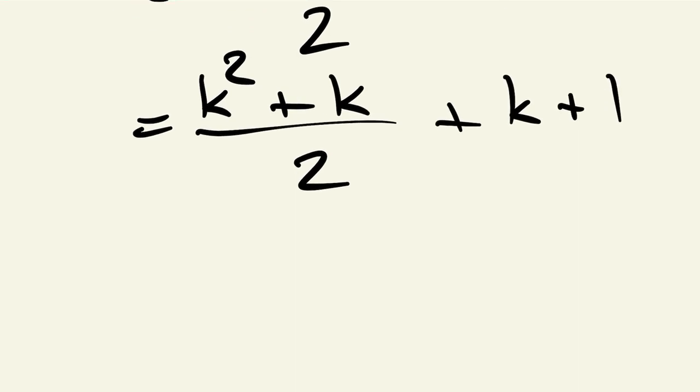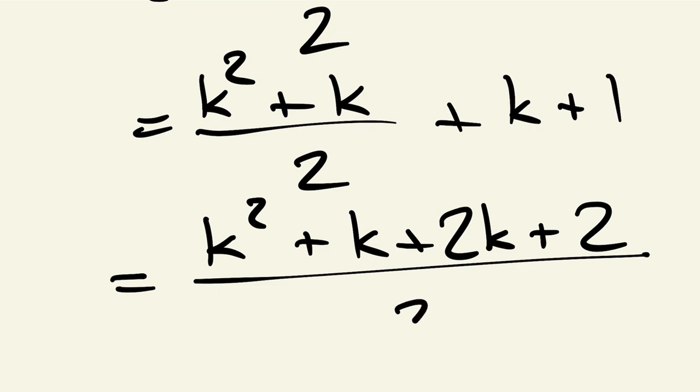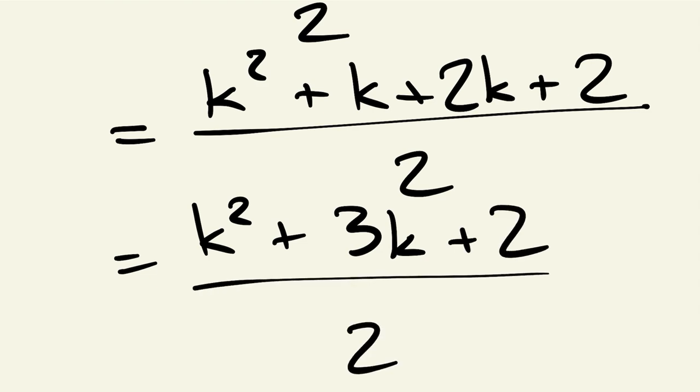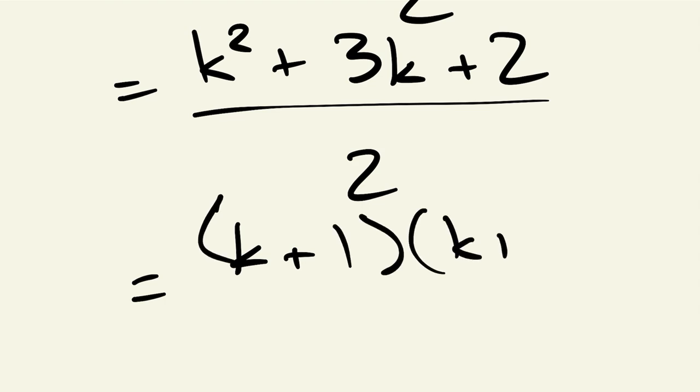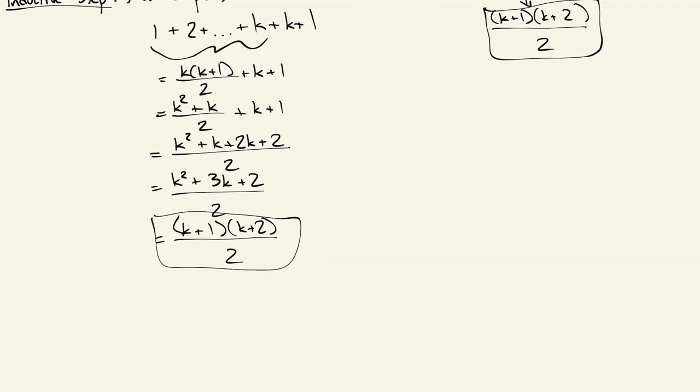And then we want to get that over the 2 as well. So we can multiply both of those by 2 and get k squared plus k plus 2k plus 2 over 2, which further simplifies to k squared plus 3k plus 2 over 2. And you can factor that and get k plus 1 times k plus 2 over 2, which is exactly what we were looking for. These are equal.